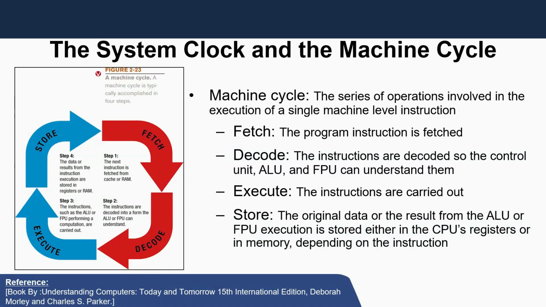That instruction, when performed, will produce some output. So that output will be stored in some part of the memory, for example a cache or some registers. So this is a complete machine cycle, and it will repeat itself after the last part: first fetch, then decode, execute, store, then it goes to the fetch cycle again.